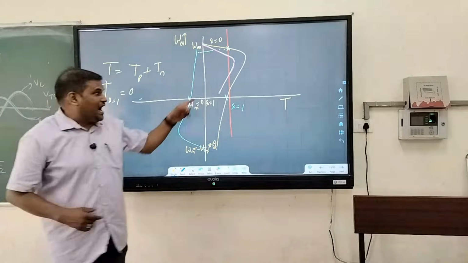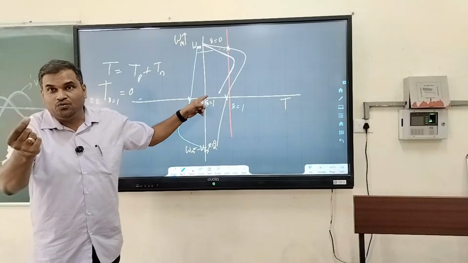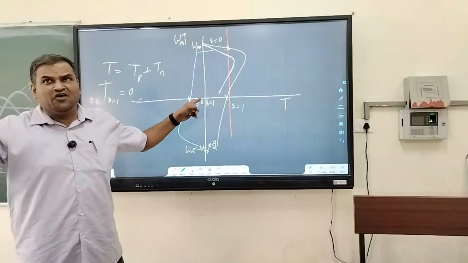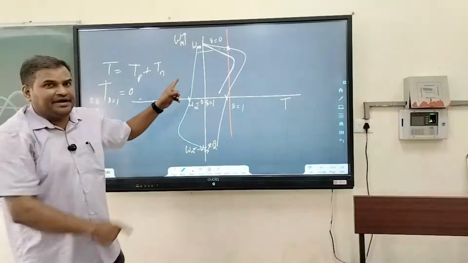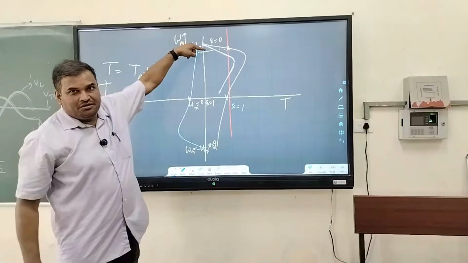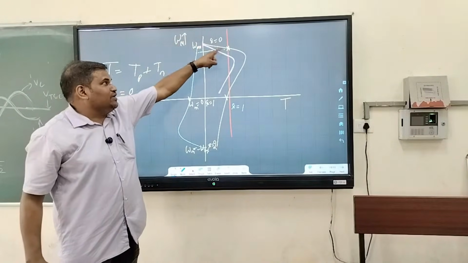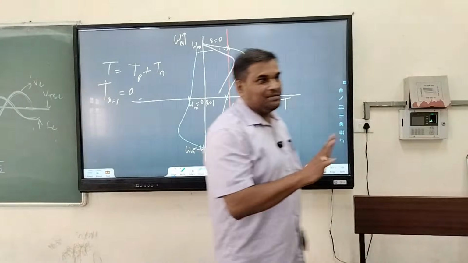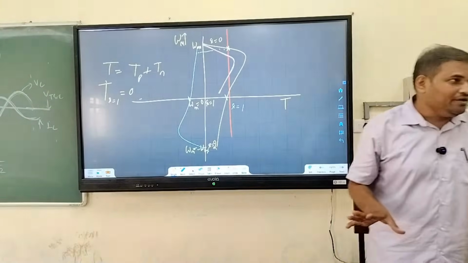The summation of these two at the starting point is 0. That is why you need a capacitor, some kind of starting torque. If you give a starting torque, the motor is here. If the motor is here, the yellow is greater than the blue, and you get a torque. That's a simple thing. Okay?